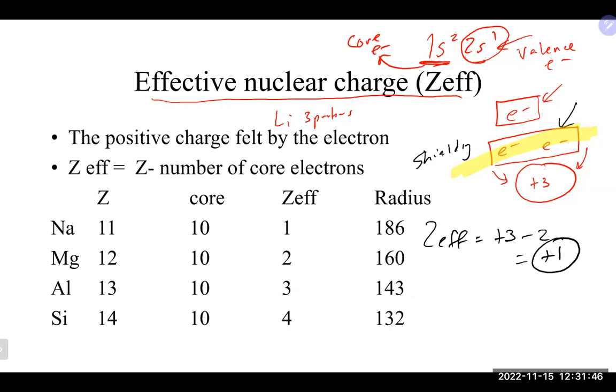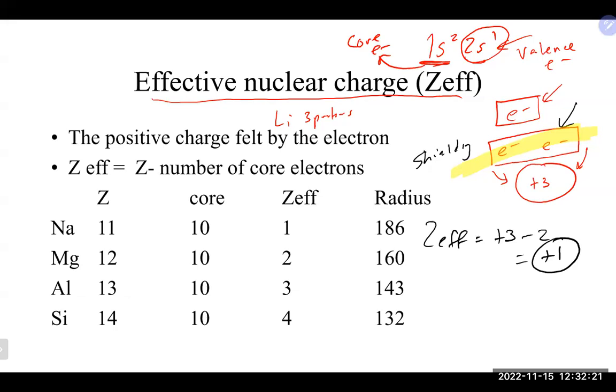When we look at the periodic table and go across it, sodium, magnesium, aluminum, silicon, and so forth, we see that the effective nuclear charge starts to increase. That means even the outer electrons are feeling a stronger positive charge than the outer electrons of the elements on the left, which should make sense, because elements on the left typically give away electrons, while elements on the upper right of the periodic table gain electrons.